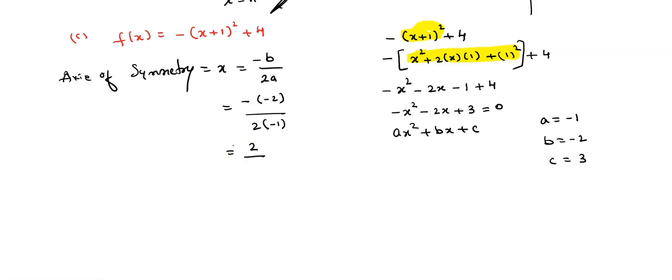The standard form is positive ax square plus bx plus c, right? Yeah, good. Then minus 2 by plus into minus is minus, 2 ones are 2, so it's nothing but minus 1. So here the axis of symmetry is x equals minus 1.